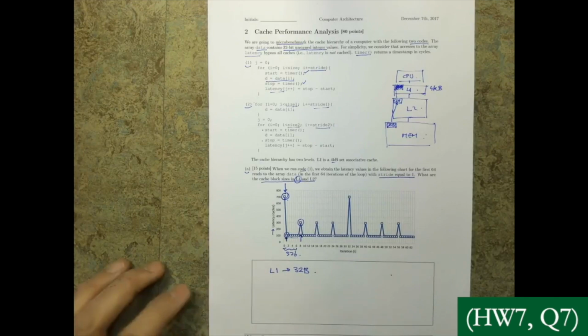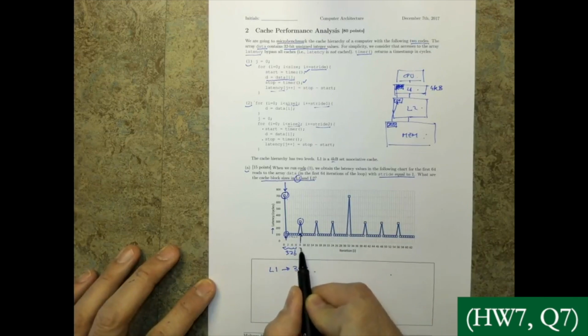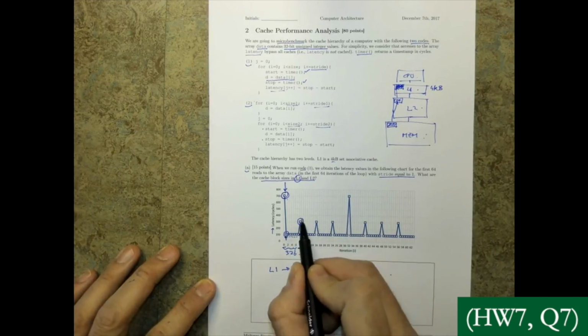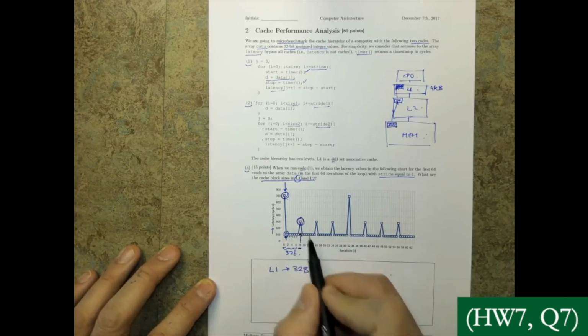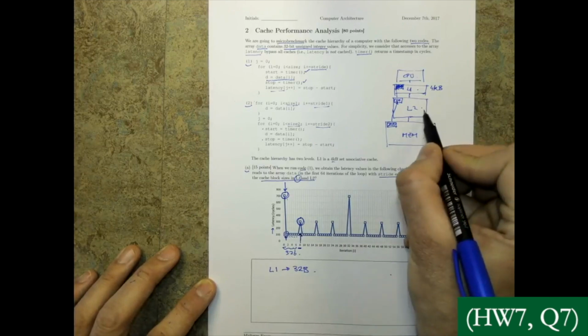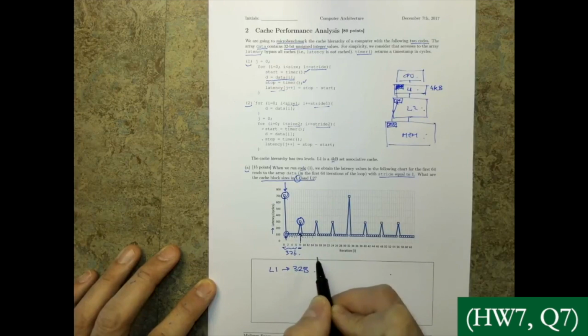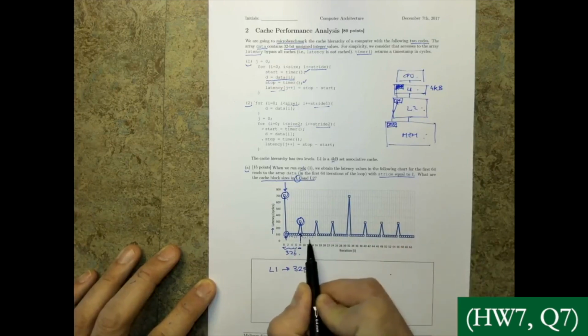What happens in L2? Observe that memory access with I equal 8 has a latency of 300, so it's hitting L2. And then we again have 7 accesses to L1 because the latency is 100.